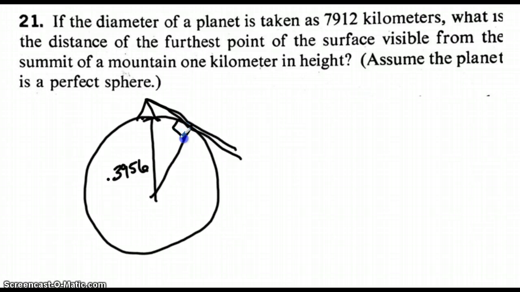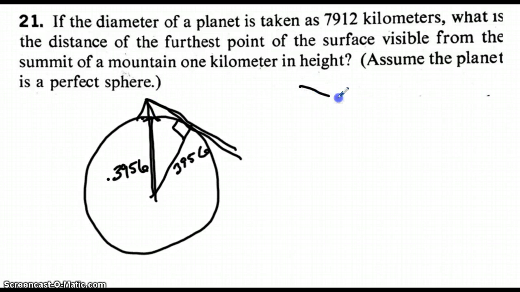So right here we have a right triangle. Here's a side, here's a side, here's a side right here. This is a radius, 3,956 kilometers. This hypotenuse is 3,956 plus 1 kilometer.